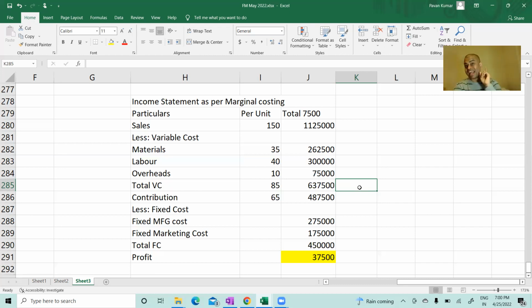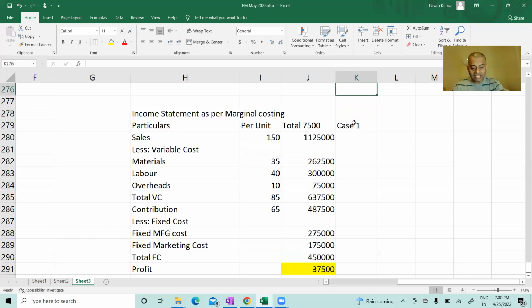If new order is accepted in situation 1, where your capacity is 10,000 units, what will be your sales? Look here carefully. If a special order is accepted, situation 1, case 1, can I say sales is equal to, you will be selling 150 rupees selling price, 7,500.